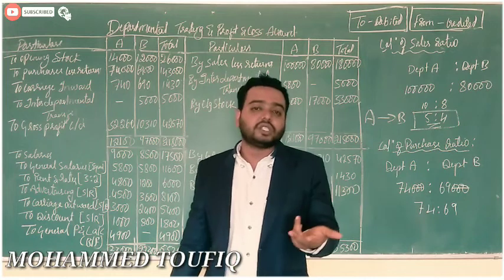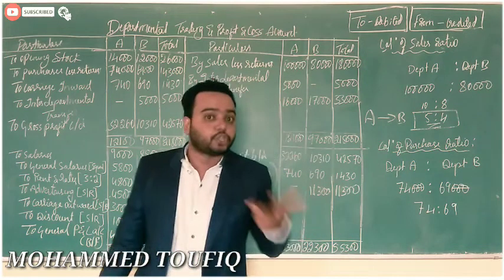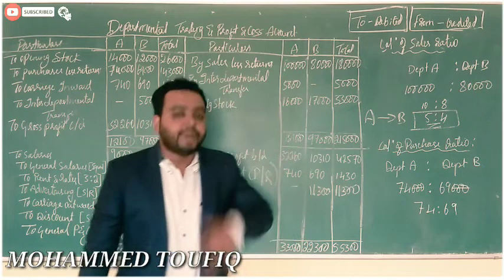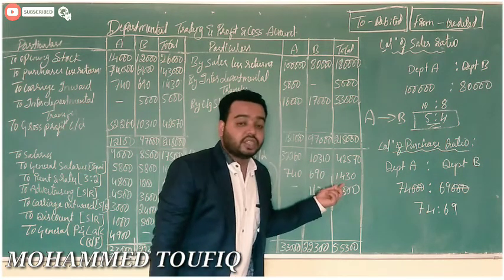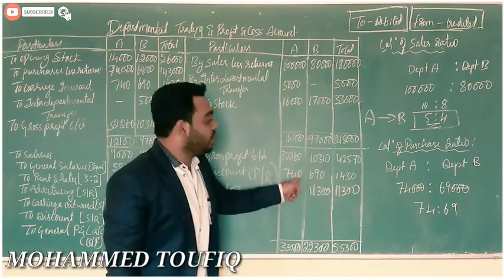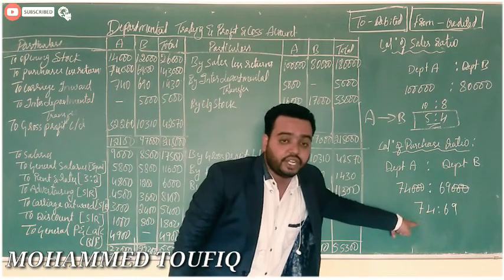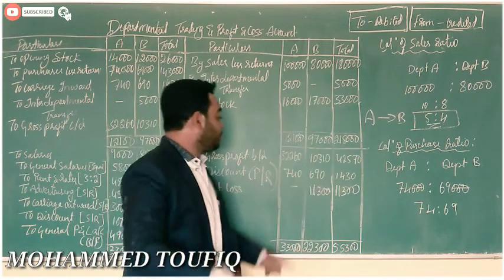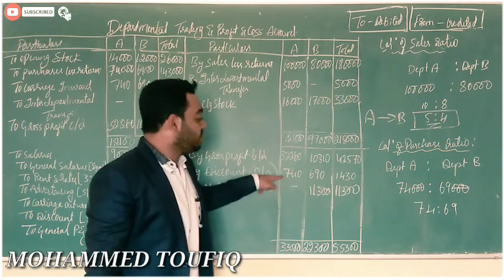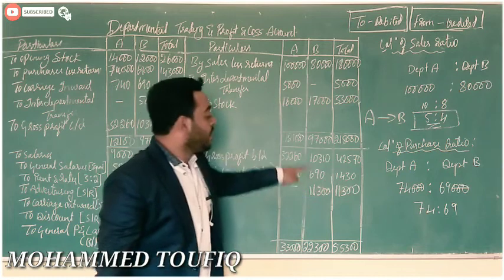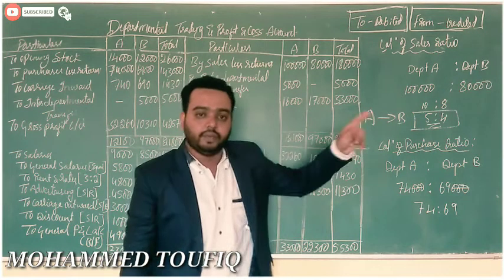Hence, this particular discount received should be distributed on the basis of purchase ratio, where the total discount received is 1,430 rupees. On the basis of purchase ratio, that is 74:69, if you distribute, then it will be 740 and 690, where 740 is for department A and 690 is for department B.